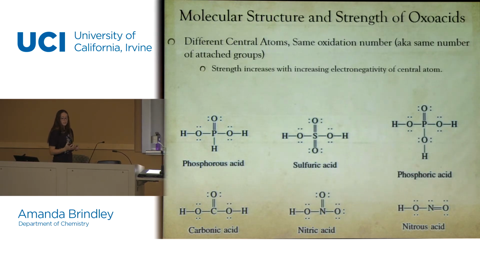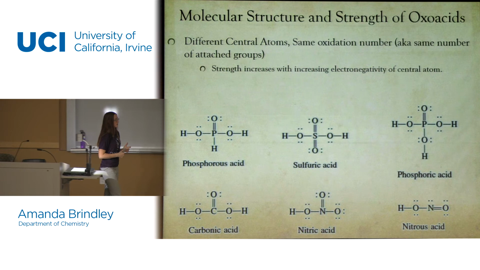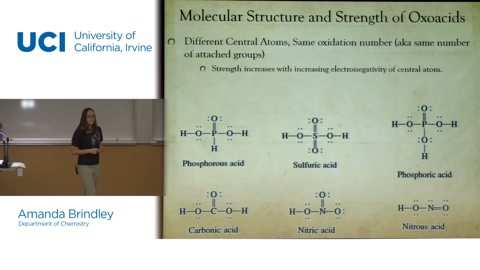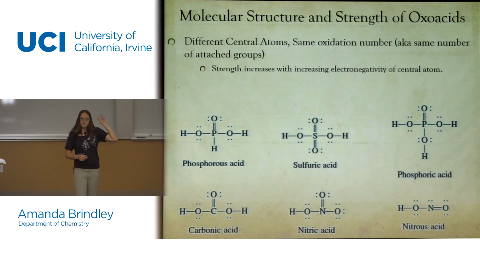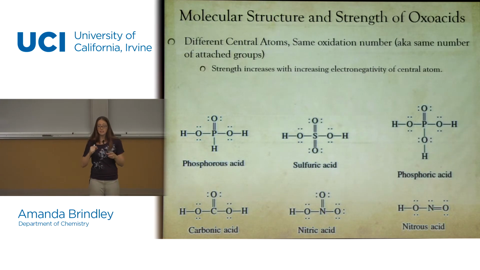So here, your strength increases with the increasing amount of your electronegative central element. Let me rephrase that a few different ways. What that means is that whichever acid, if you have the same number of attached groups, whichever acid has the more electronegative element in the middle is your stronger acid. Okay?